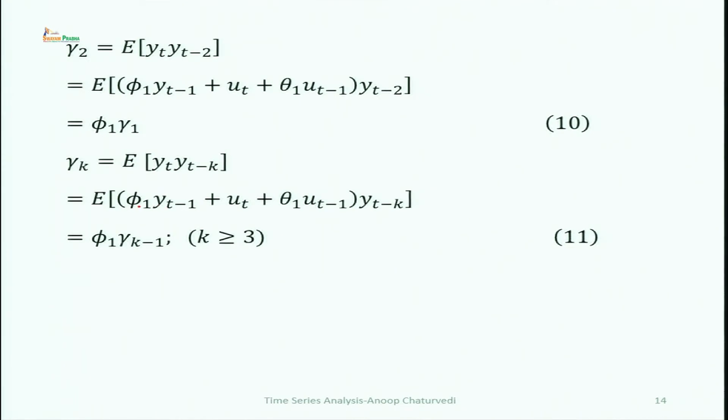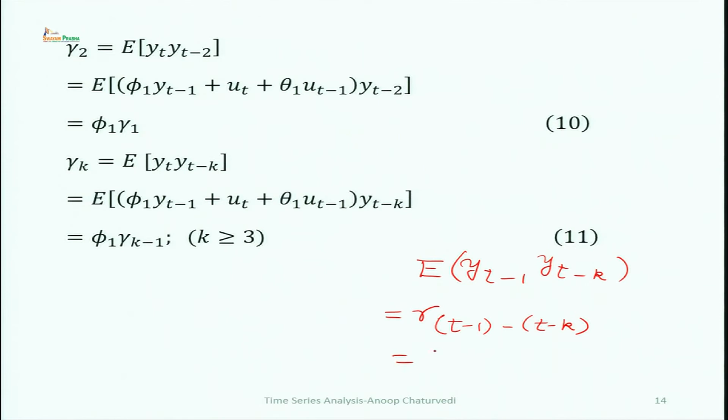Then you get phi 1 expectation of y t minus 1 y t minus k, and expectation of y t minus 1 y t minus k is equal to gamma of t minus 1 minus t minus k.